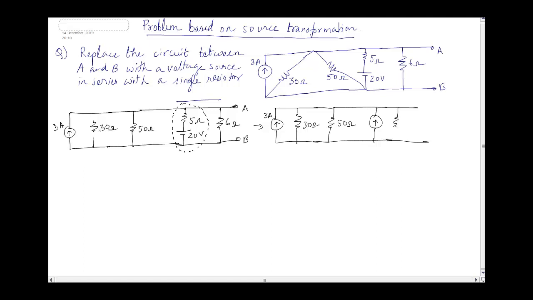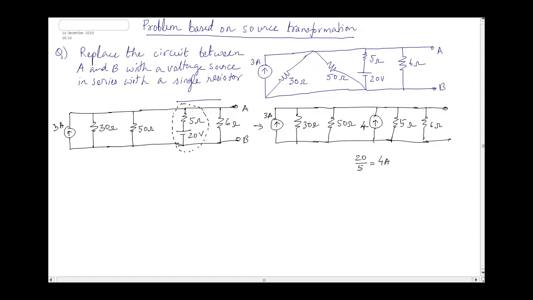The resistance value remains the same, which is 5 ohms, and the value of current is now 20 divided by 5, which will be 4 amperes. So it is a 4 amperes current source, and then finally we have the 6 ohm resistor.